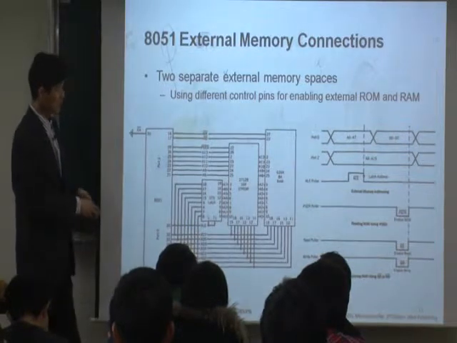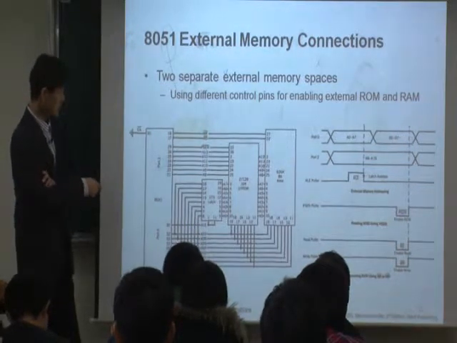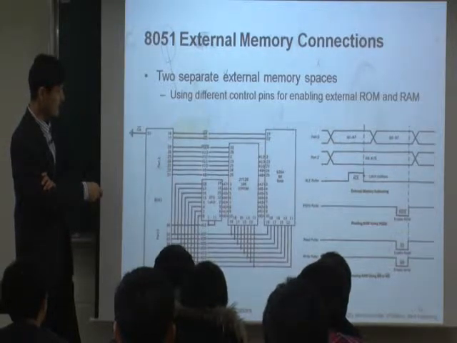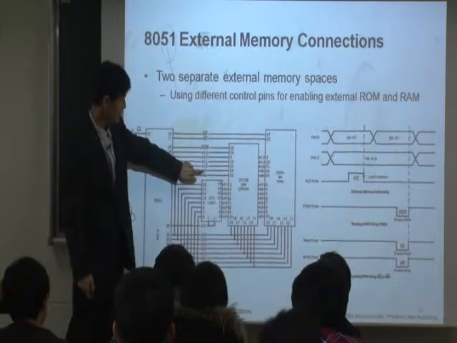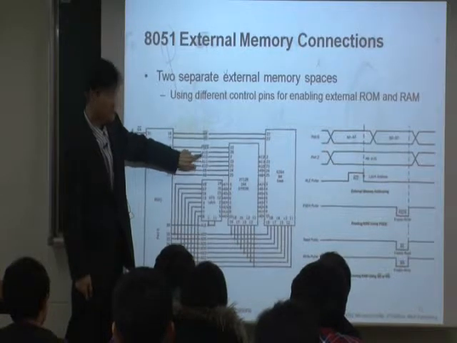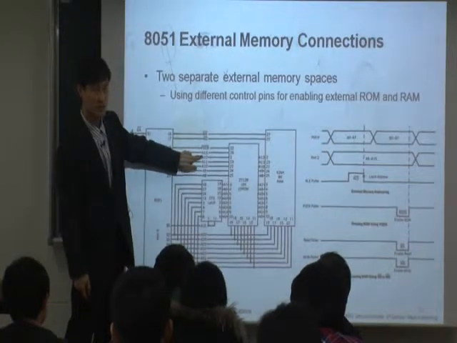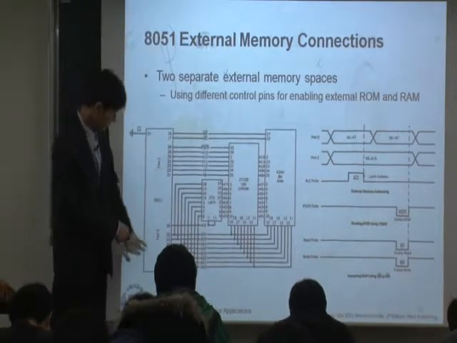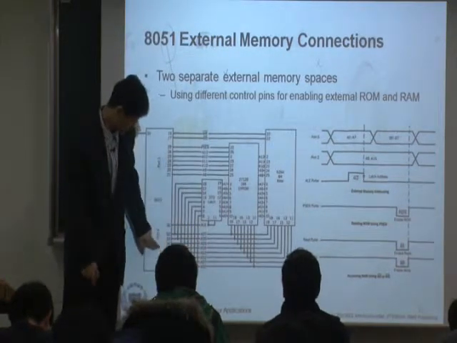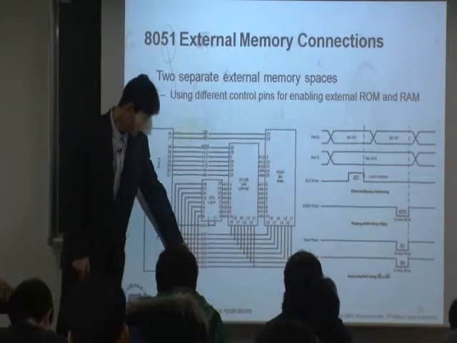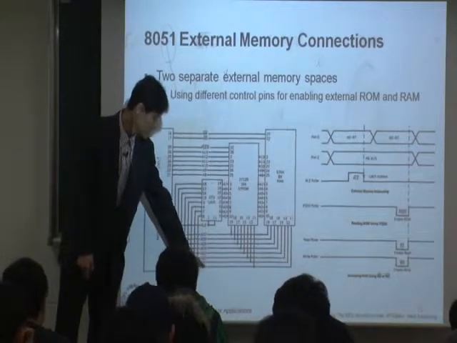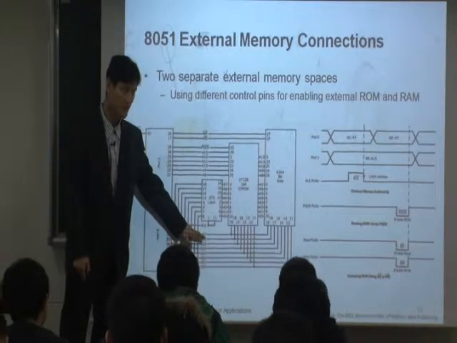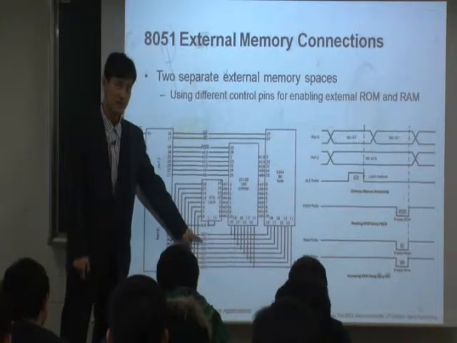Now, if you look at port 2, it shows A8, A9, A13. What is A? A means address. And if you look at port 0, you see AD0, AD1, all the way to AD7. A means address, D means data.